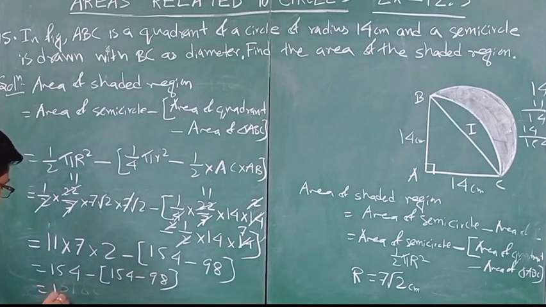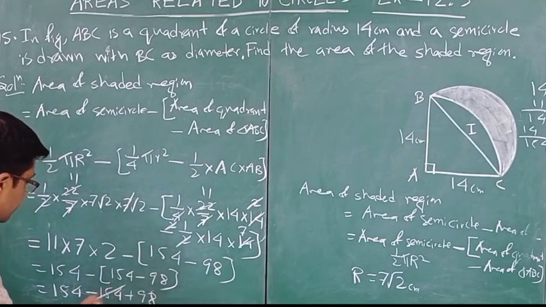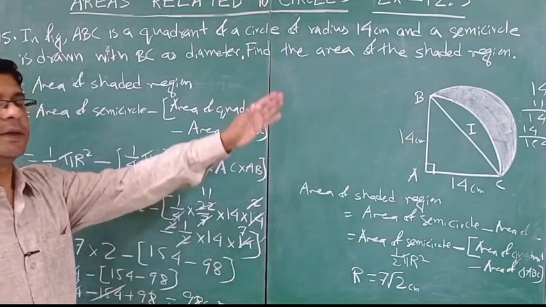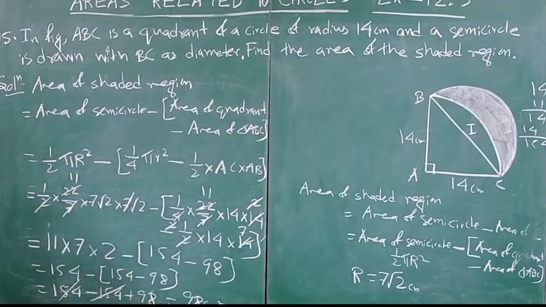Okay dear student, it is very easy now. These two will get cancelled, so 98 centimeter square. So area of that shaded part is 98 centimeter square. Alright, thank you students.